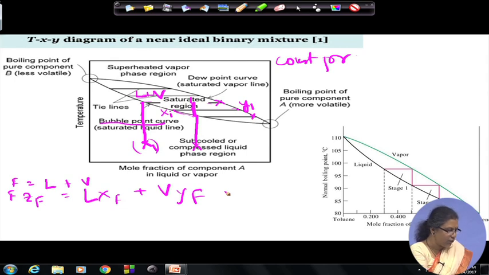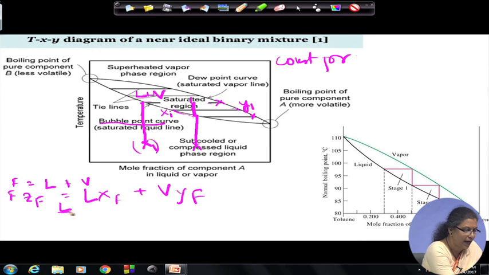So, from here what do we get? From here I get L by V, the proportion. L is the moles of liquid formed, V is the moles of vapor formed, keeping in mind that both of them add up to form the total feed which I have introduced.